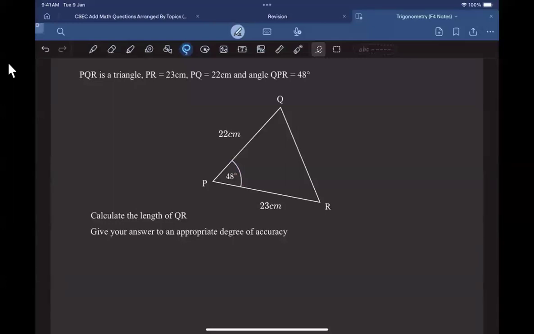Bryce, for this question, do you think I will have to use the sine rule or the cosine rule? When do I know to use which one? Is it cosine? Why is it cosine? Because we used sine for the last question. Interesting reasoning, but why is it cosine? Is there a specific reason?